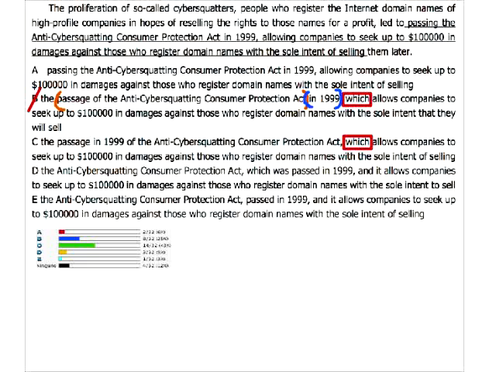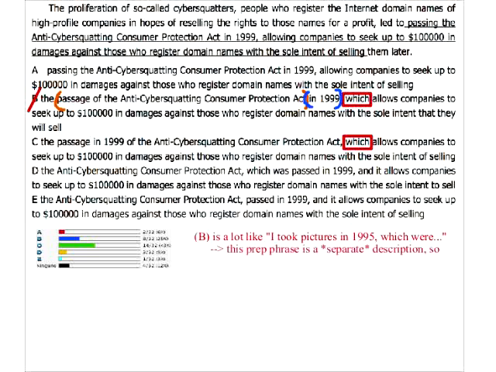So B is a lot like, again, don't think in terms of abstractions and rules, think in terms of examples. B is a lot like I took pictures in 1995, which were... In other words, this prep phrase is a separate description. So you can't jump it. So that's the point here.